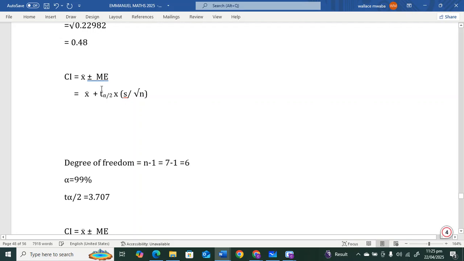So this here, this t alpha over 2, represents our critical value. Now remember, whenever your sample size n is greater than 30, you're using your Z tables.